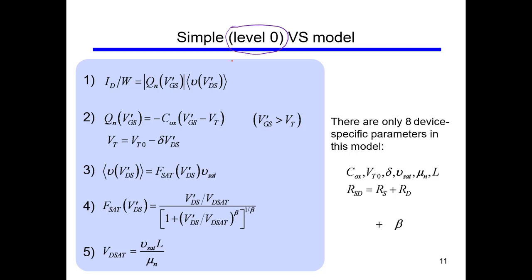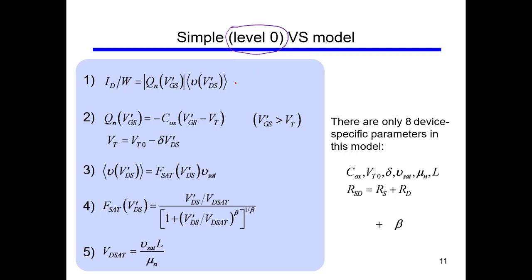So there are versions of this model that are more suitable for the latest generation of transistors, but this is the first one which can describe the velocity saturated transistors in some detail. Okay, so the whole model consists of 5 equations.